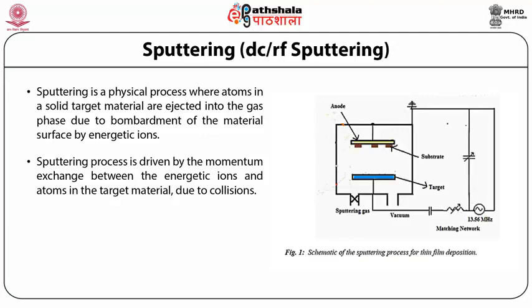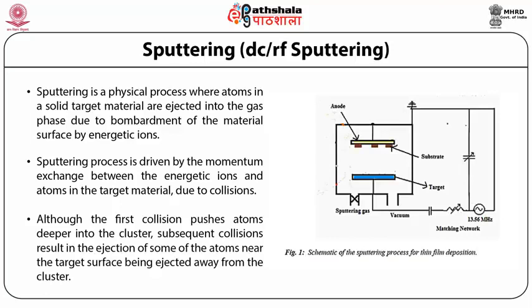The sputtering process is driven by the momentum exchange between the energetic ions and atoms in the target material due to collisions. So the process can be thought of as atomic billiards, with the ion as the cue ball striking a large cluster of closely packed atoms, the billiard balls.